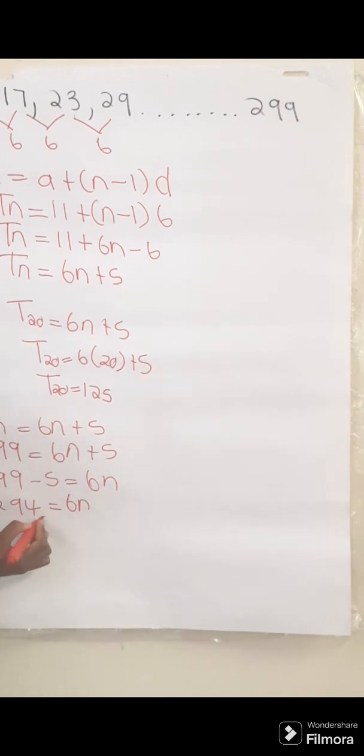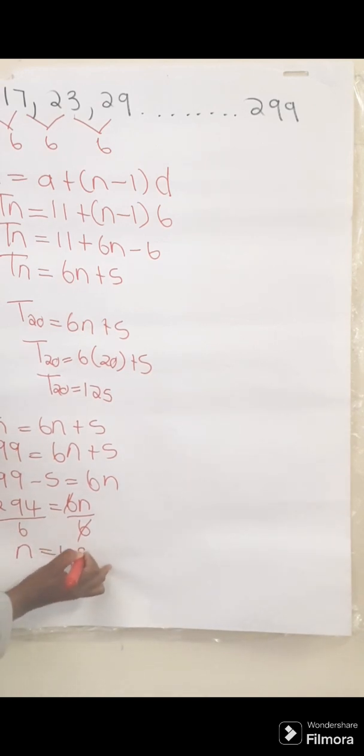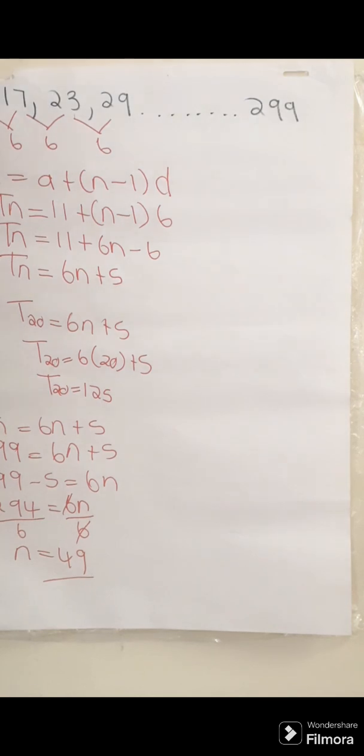And then we'll just divide both sides by 6, and then n equals 49, which means we have 49 terms in this pattern.